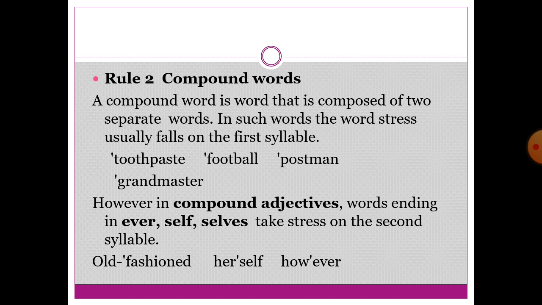Football. Foot is the foot of your leg, and ball is any ball. But when you say football, it is a specific ball which is used to play. You cannot replace a football with a volleyball.